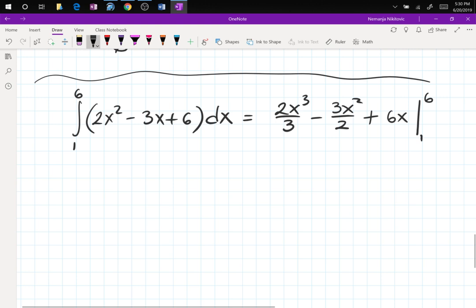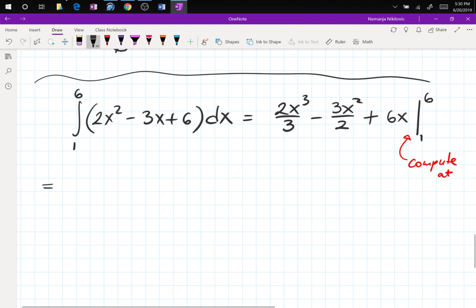This vertical line is read "computed at 1 and 6." That's 1 and 6, not 1, 2, 6. 1 and 6 as the numbers.